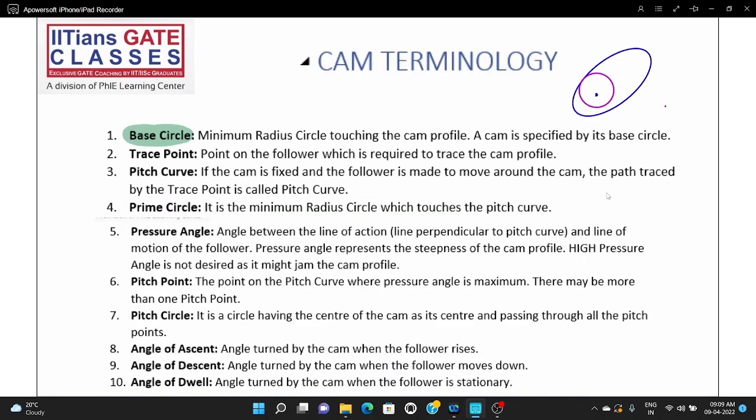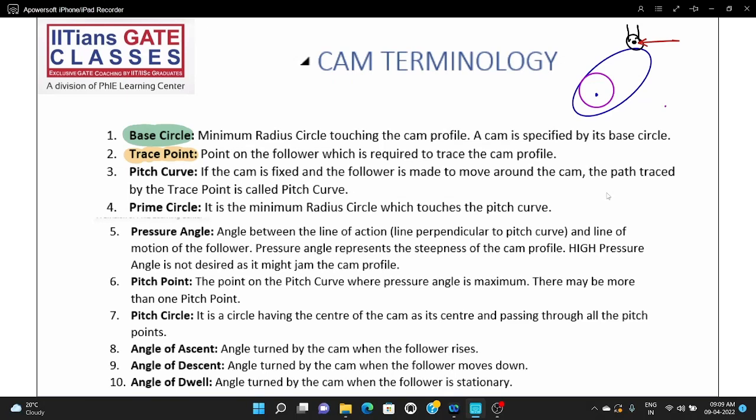Next is the trace point. What is trace point? The point on the follower which is required to trace the cam profile. Let me show you here. Let me say I'm using a roller follower. So this is the point which is going to trace the cam profile, right?